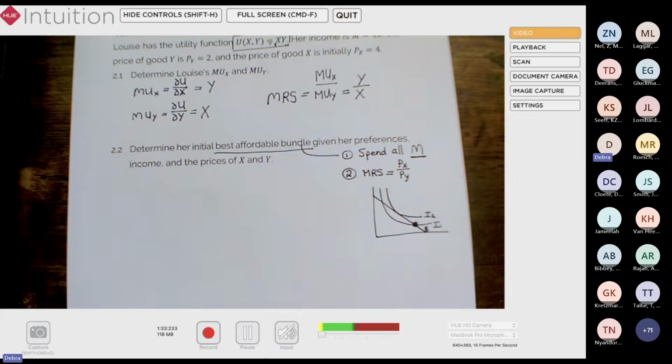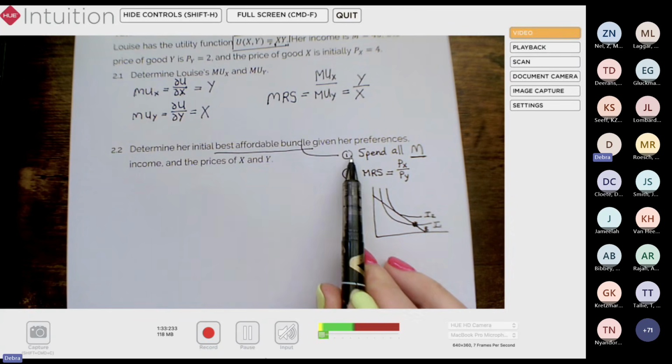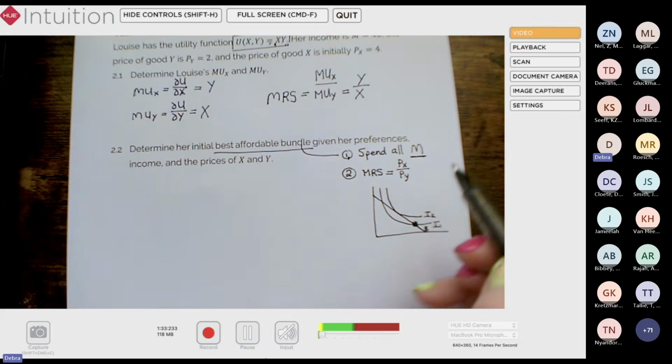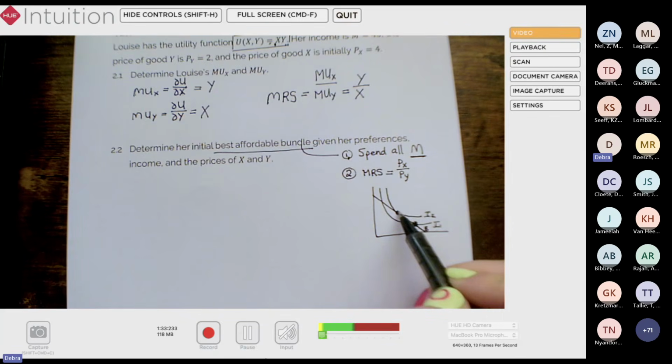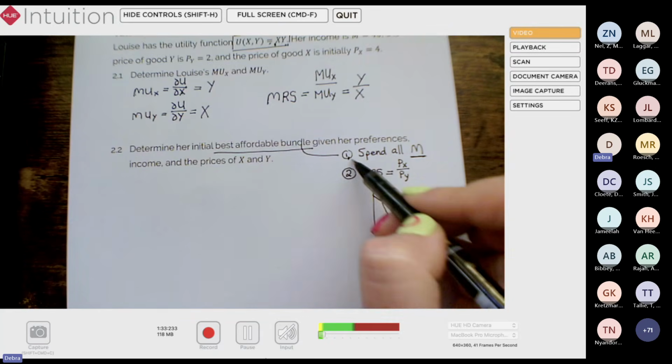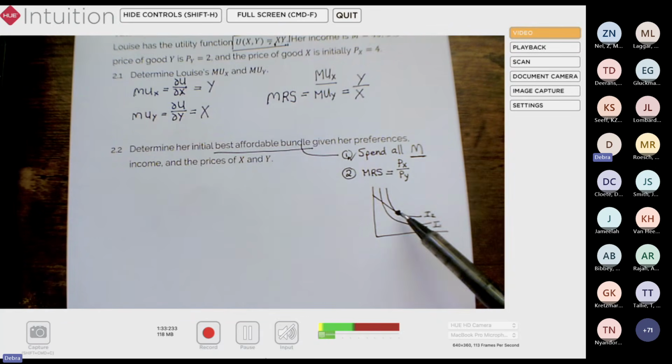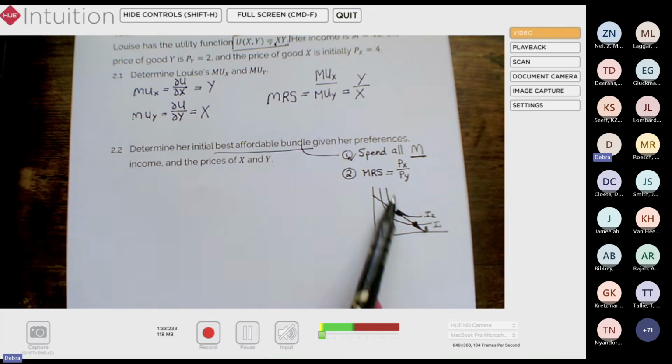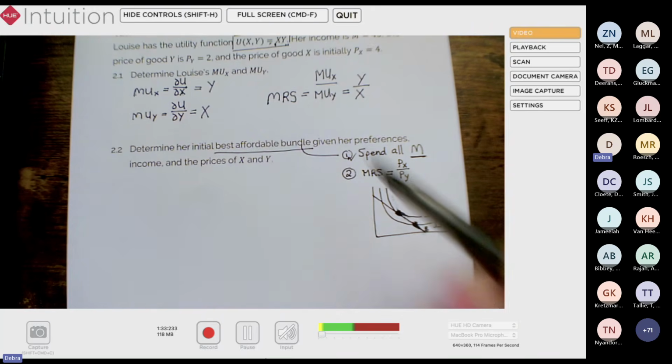That's why this isn't an optimal point, because it only satisfies one of the conditions for a best affordable bundle. This is our best affordable bundle because it is on our budget constraint, which means it uses up all the income, so condition 1 is met. And at this point, my budget constraint is tangent to the highest attainable indifference curve, and so condition 2 is also met.